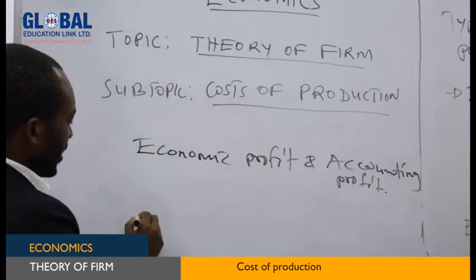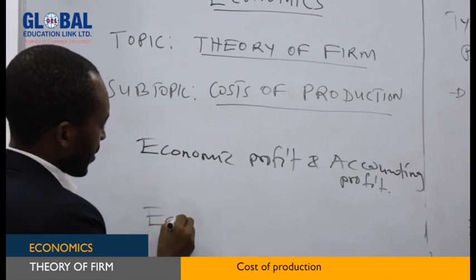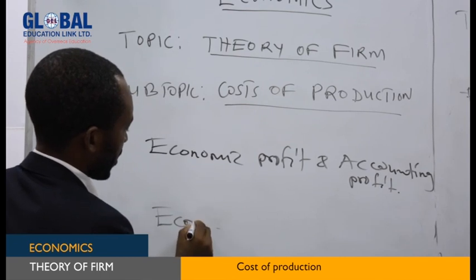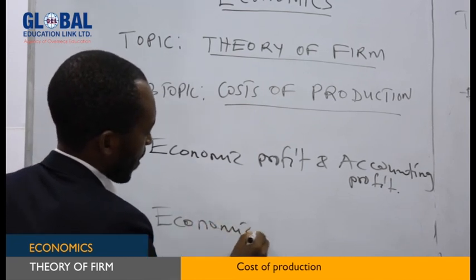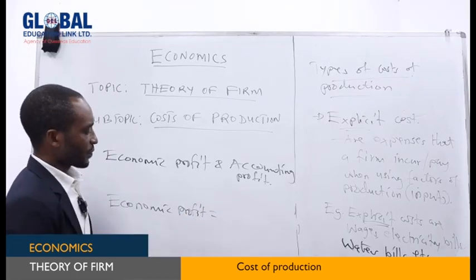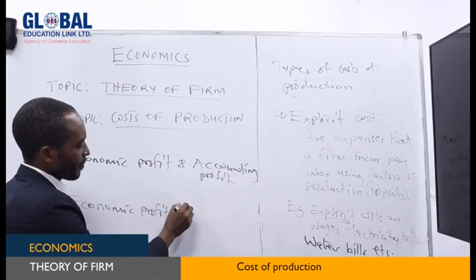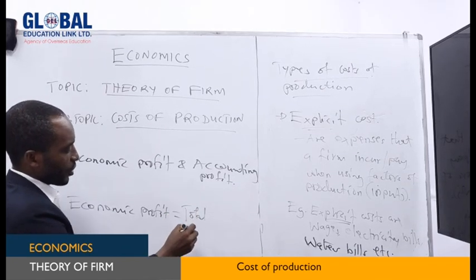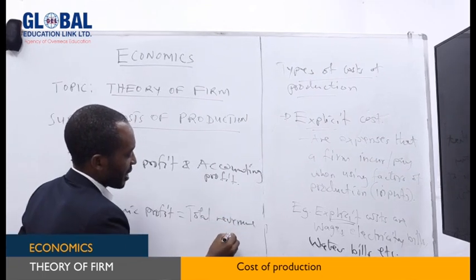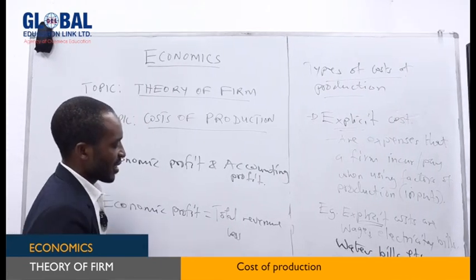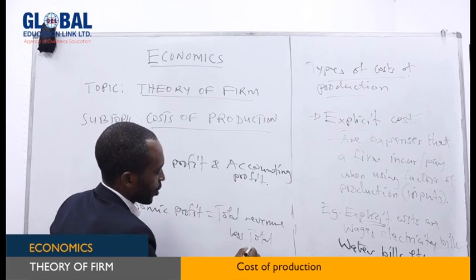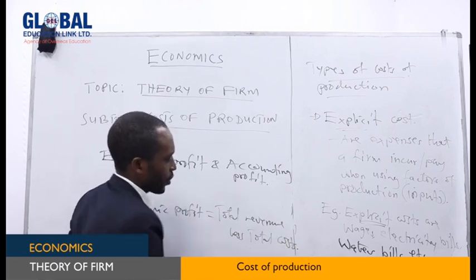So economic profit is equal to total revenue less total costs.